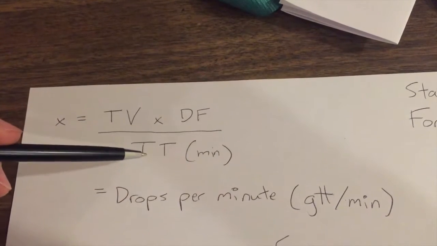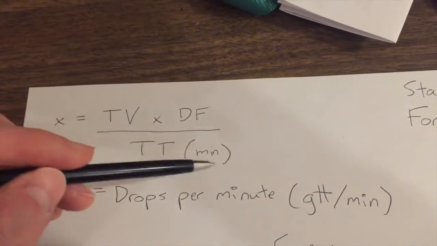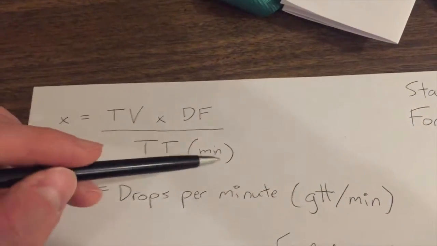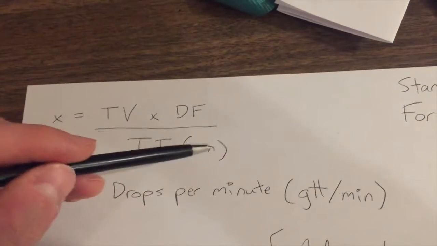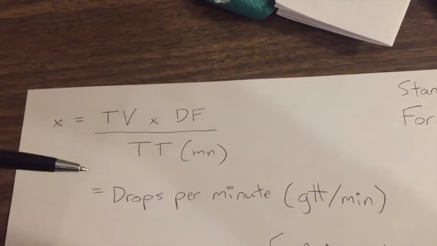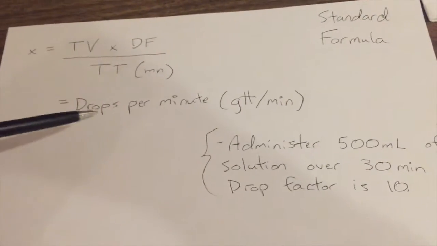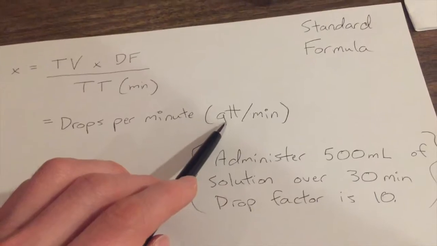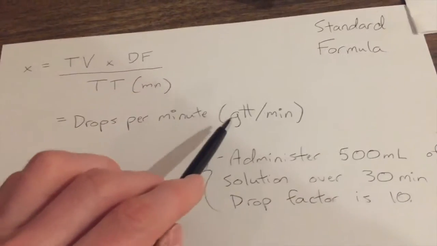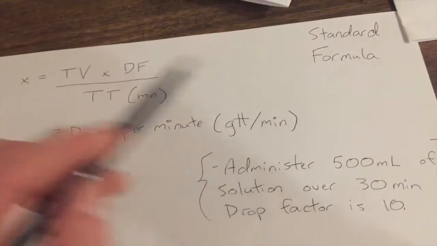And then you divide it by the total amount of time that it will be infusing, and you got to get it in minutes. Okay, that's important. So if it's in hours, you have to convert that to minutes. All right, so then you'll get your drops per minute, which is a number, GTT per minute.